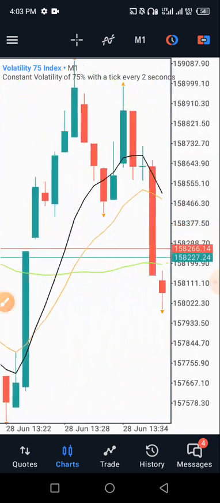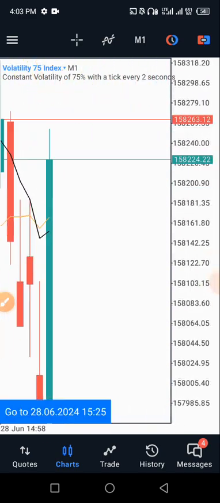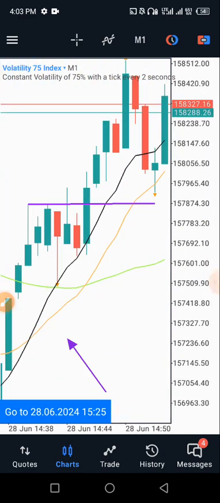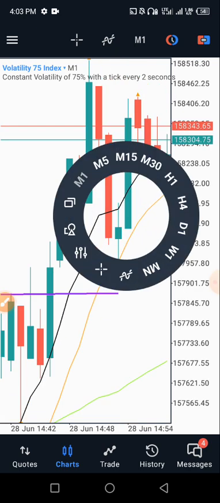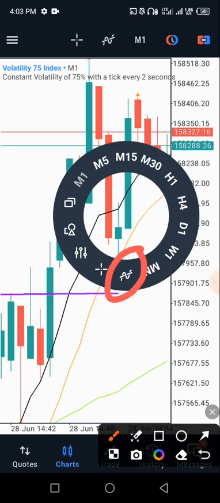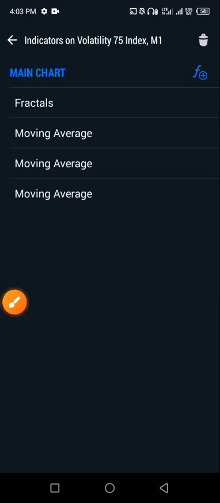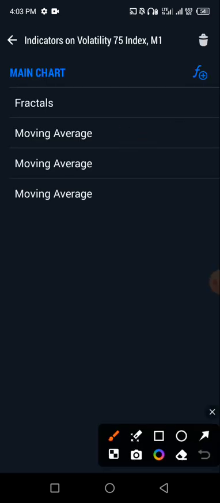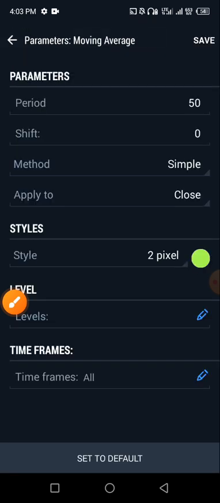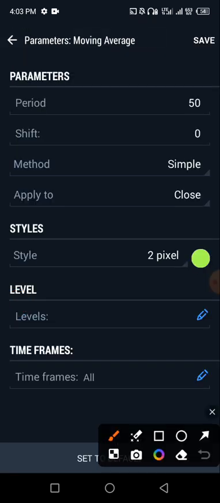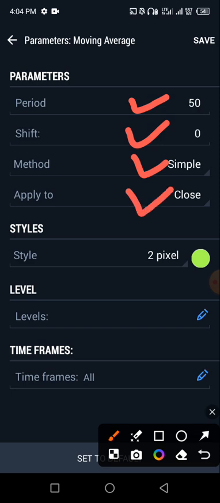So we'll just quickly show how to add the indicators. To be able to add the indicators here, you want to click on this particular icon there, and then for the first indicator, we have our green moving average. So you can see the settings here, guys.